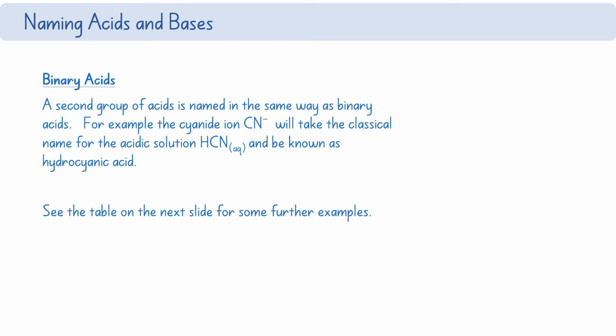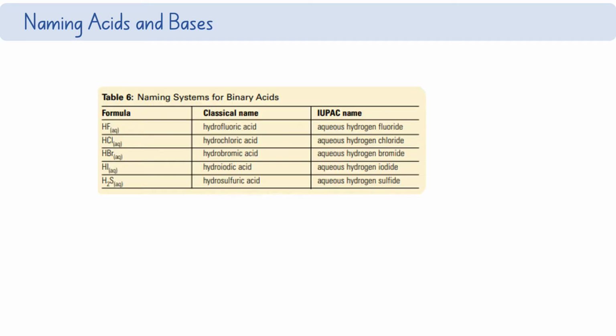See the table on the next slide for some further examples. This is a table that you should add to your quick reference guide on how to name chemical compounds.